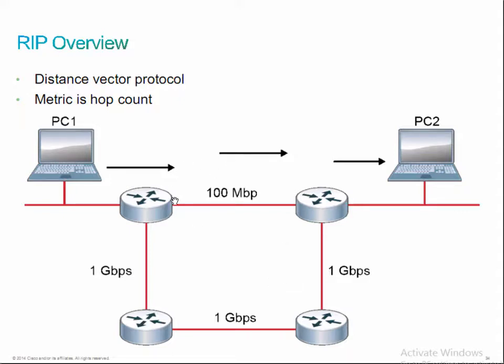So in this particular case, because we only have 2 hops to get from PC1 to PC2, as opposed to 1, 2, 3, 4 hops, if we go the fast way, RIP is going to choose to use the top path as opposed to the bottom path because it simply doesn't understand bandwidth as part of the metric.